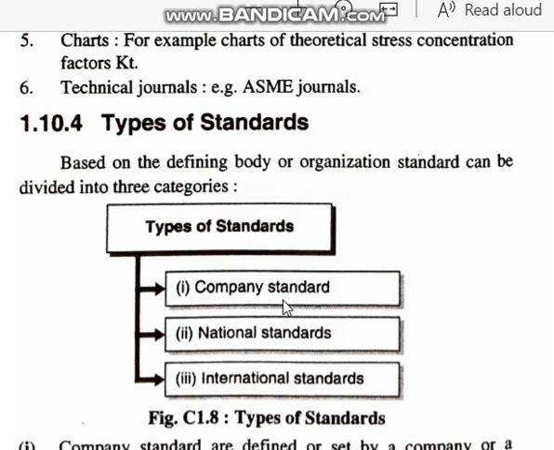If you take Mahindra and Mahindra, when they are producing jeeps, tractors and all these vehicles, they may have their own set of standards. When there is a need for company standards, when national or international standards are not available, then they may make their own standards. Otherwise, they will not supersede a national standard and make their own company standard. They may have certain company standards which their company will follow.